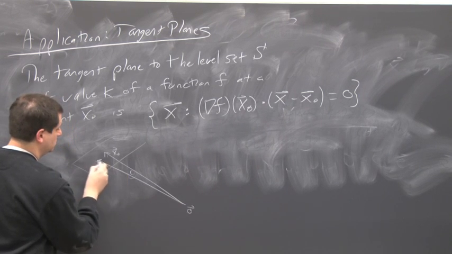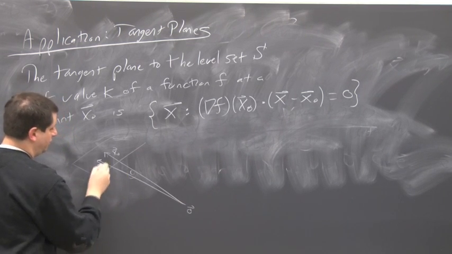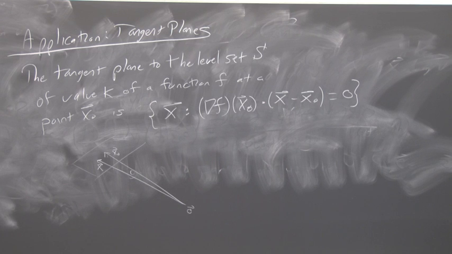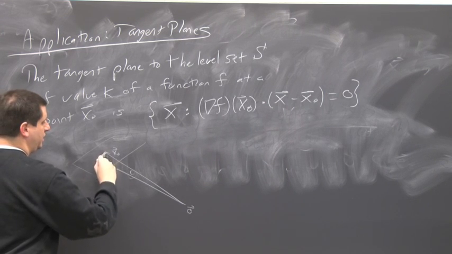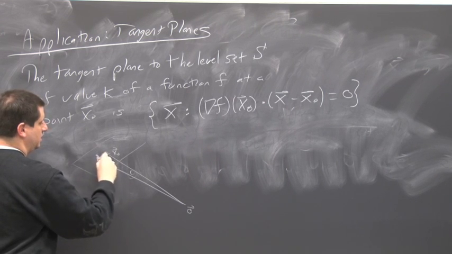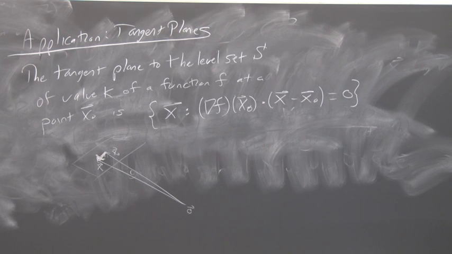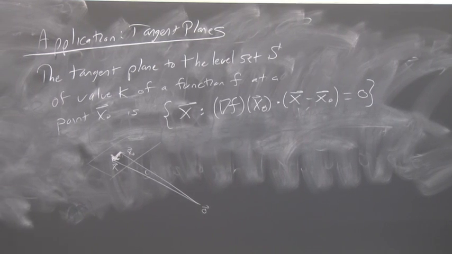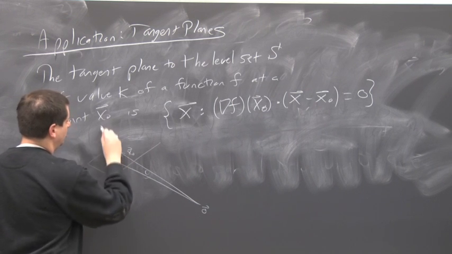And so I'm looking for all vectors x in the tangent plane such that this direction here is in the tangent plane, so that direction has to be tangent to my function's surface at that point. The gradient gives me the direction of the normal.